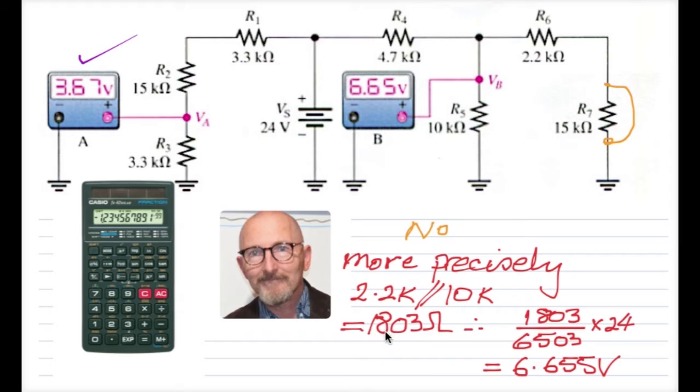That gives me 1803 ohms. I did estimate before about 1.8K. It was pretty close, but we just wanted to be certain because I wanted to see this 6.65 match the question. So the total resistance would be 1803 plus 4.7K, as a ratio, 1803 divided by 6503 times the 24 volts to give me 6.655 volts, and that's exactly what we've got across that meter.